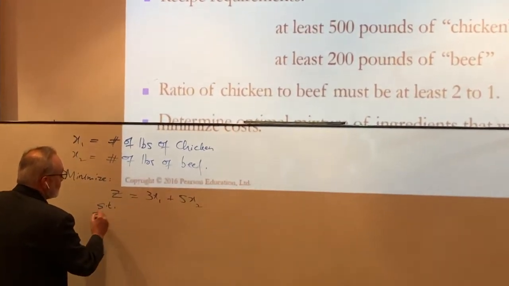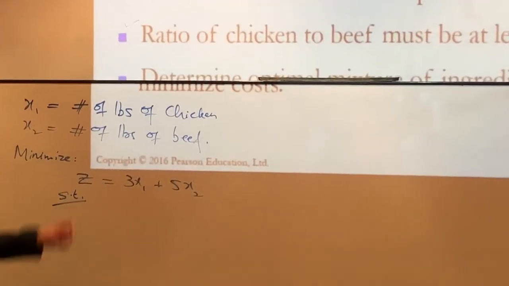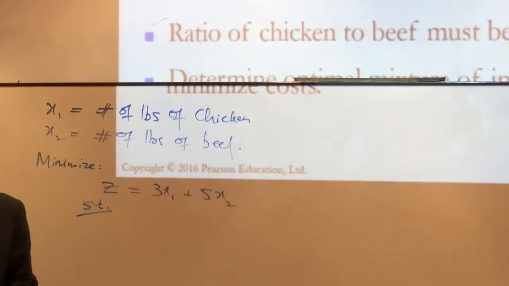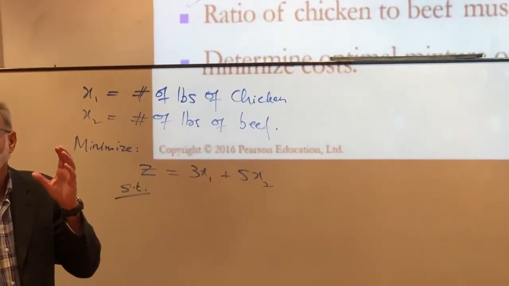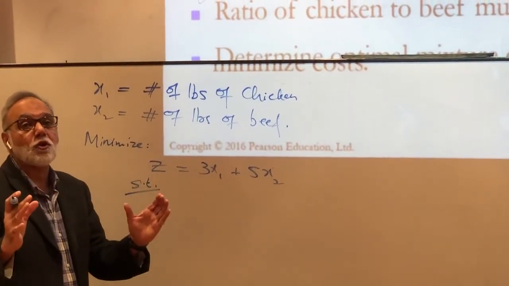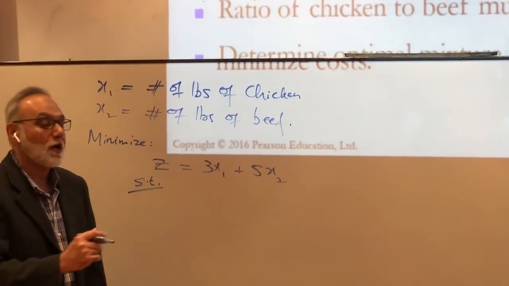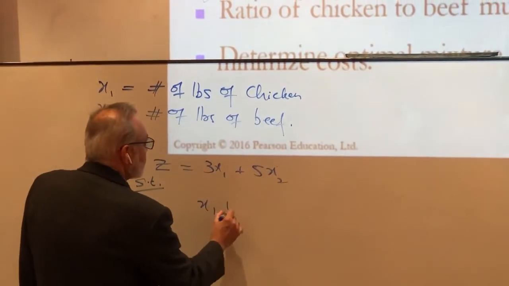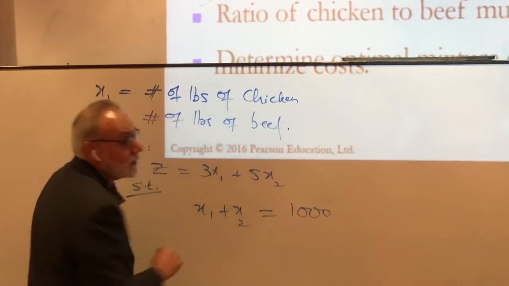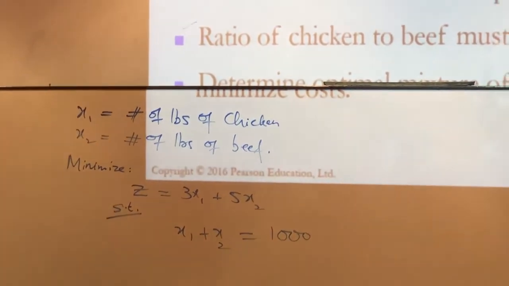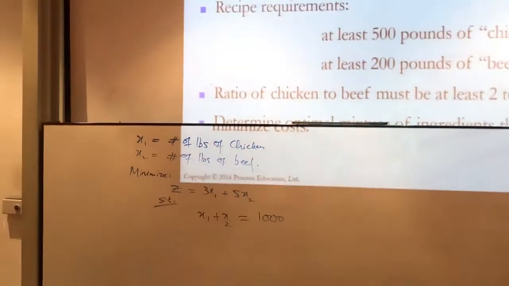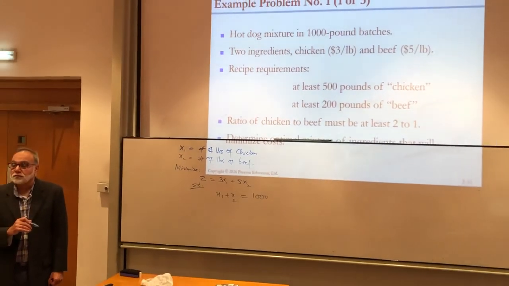Subject to, the first constraint is that this mixture should be in batches of 1000 pounds. So x1 plus x2 should be equal to 1000. This is the first constraint, and you can see that this is an equality constraint. It's not greater or equal to, not less or equal to.